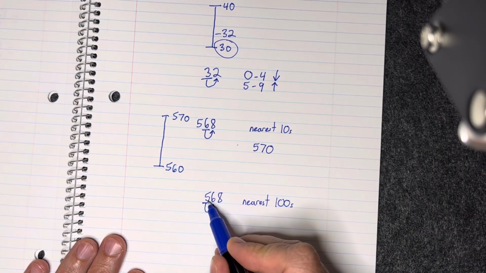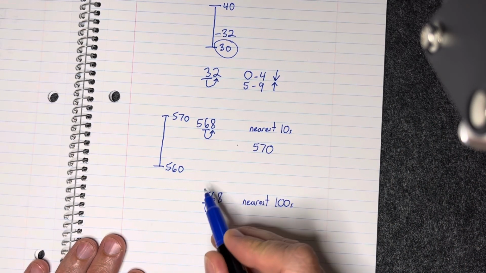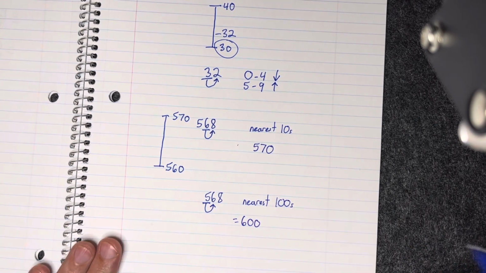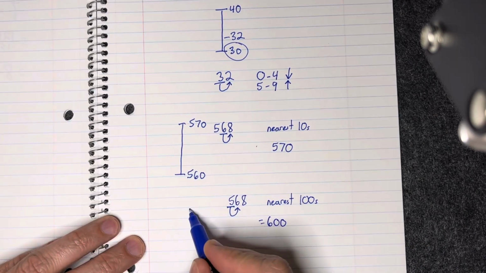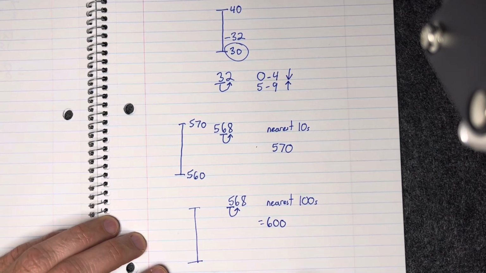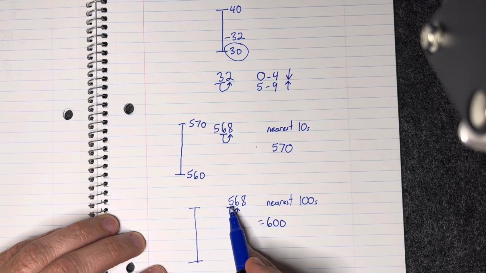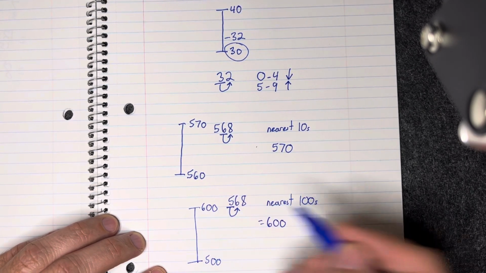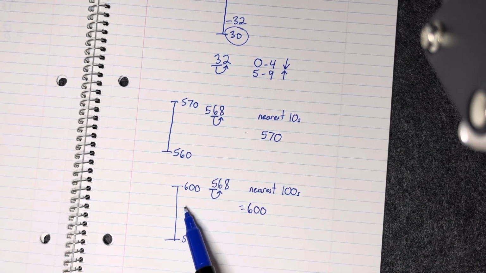So instead of going down to 500, we would go up to 600. So that would equal 600. And again, looking at a number line, the number could go down to 500 or up to 600. And because that number is a 6, it means it's closer to 600.